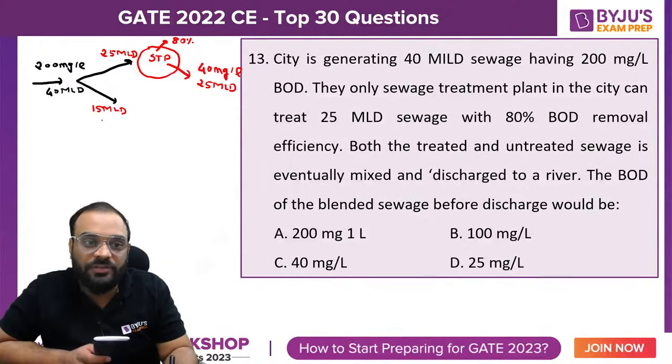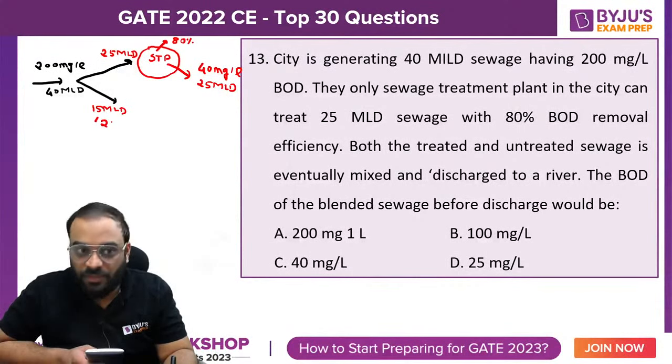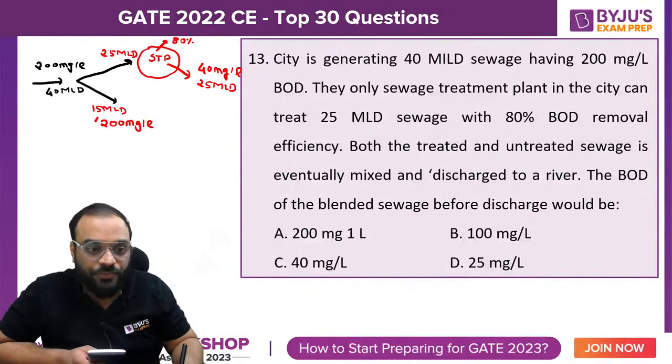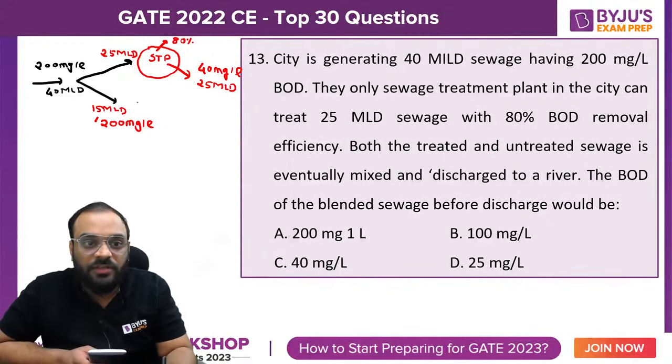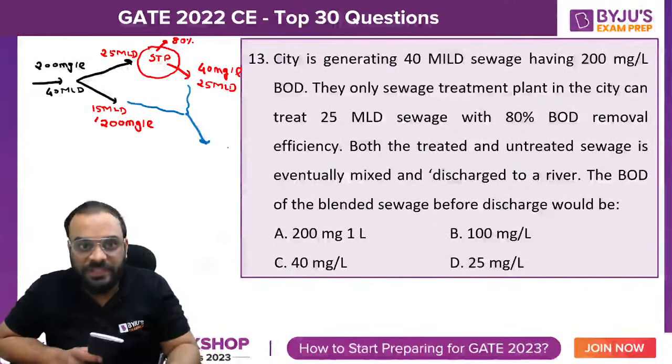Now what about this one? In this case, there is no treatment. So 15 MLD and we have a BOD of how much? 200 milligram per liter. Now eventually these two discharges are mixed together, and ultimately we need to find out the BOD of blended sewage, right?